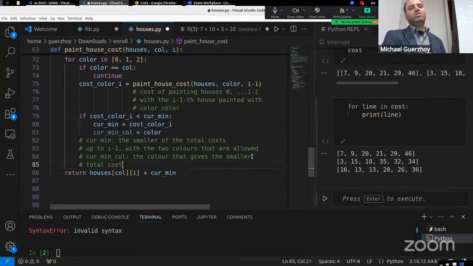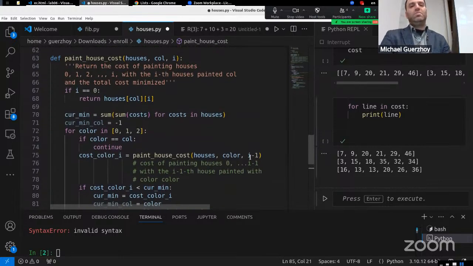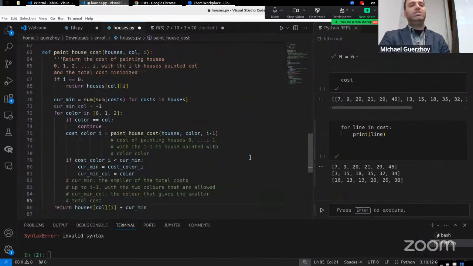Okay. So if we think about it in terms of base cases, this would be the base case. We're saying, what is the minimal cost, assuming you paint house I in this color? So if I is 0, then we know the total cost. It's just literally the cost of painting that one house.